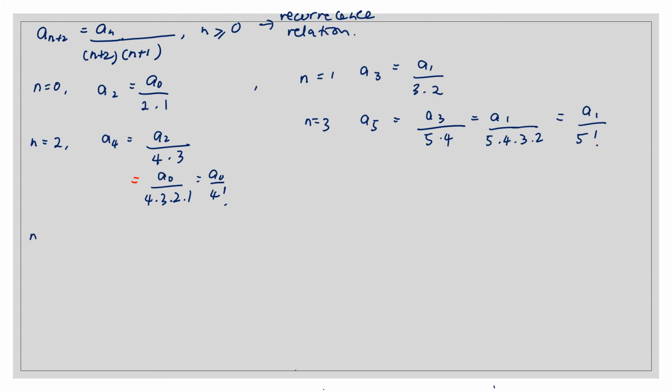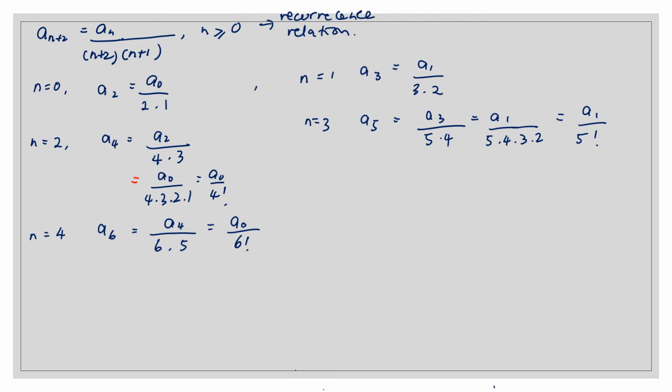Okay, and then n equal to 4, we have a6 equal to a4 over 6 times 5, or because a4 is a0 over 4 times 3 times 2 times 1, we can write it as a0 over 6 factorial.